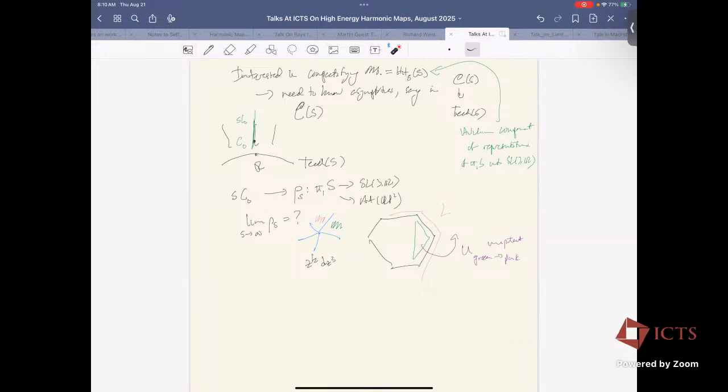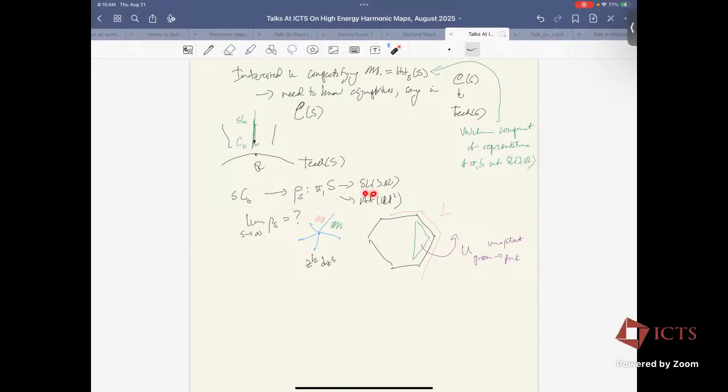The question of the day, before I launch into that, is this. I have a distinguished ray in this moduli space that is giving me a family of representations. And I'm curious, what can I say about the asymptotics of this family of representations?